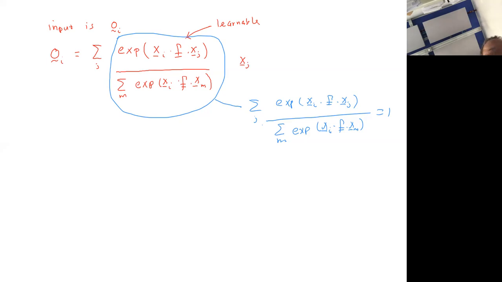The idea is that this learnable gamma expresses some kind of similarity. Okay.